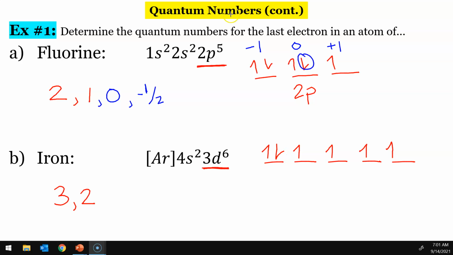We're just concerned with the last electron, which is right here. Let's number. Looking at the L here, we're going from negative 2 to positive 2. It's in that very first one, which is a negative 2. It's spinning down, so it'll have a fourth quantum number of negative 1/2.